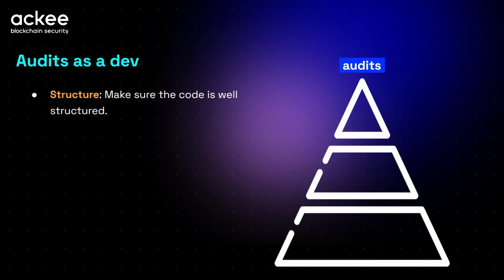So what is important? The first important thing is the structure. This is important from a lot of points of view, not only for the audit. If you make the code well structured, firstly, it can help you better navigate your application. You may better understand the smart contract.